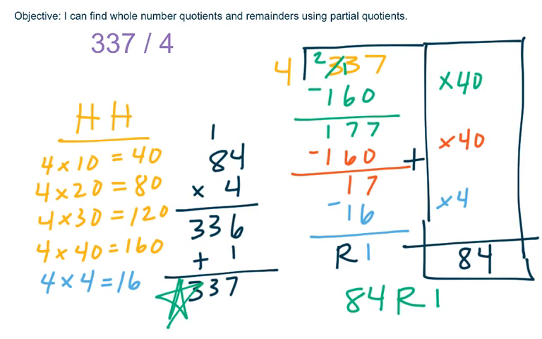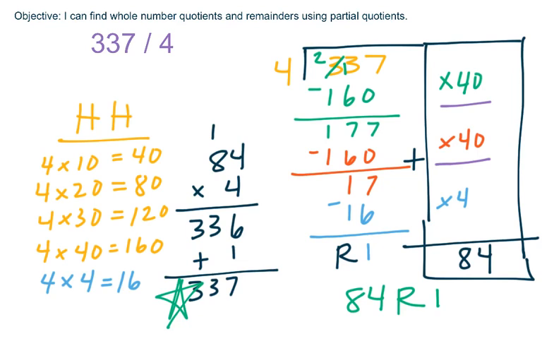But I found 160, which, if you notice, I went ahead and subtracted twice. So I found one group of 40 and then I found another group of 40. That's also a way that you can think about it: if you have one that's consistently good and you're able to take that chunk away, then do it.